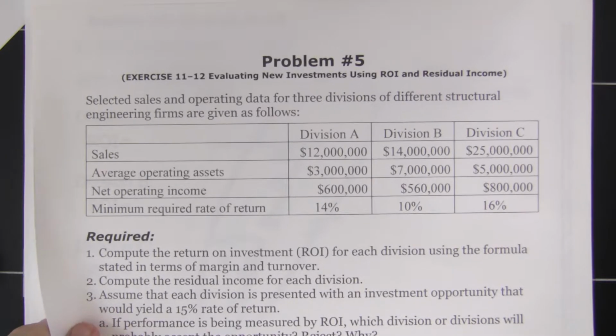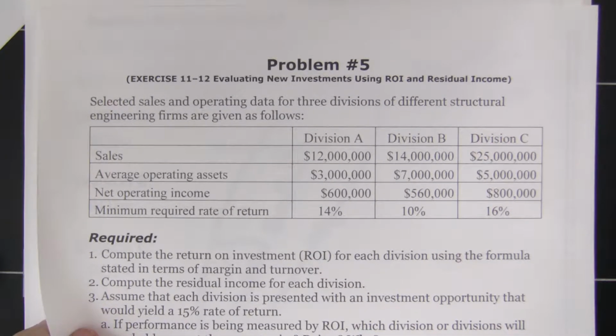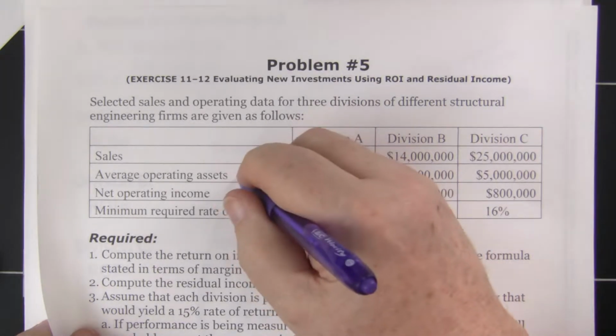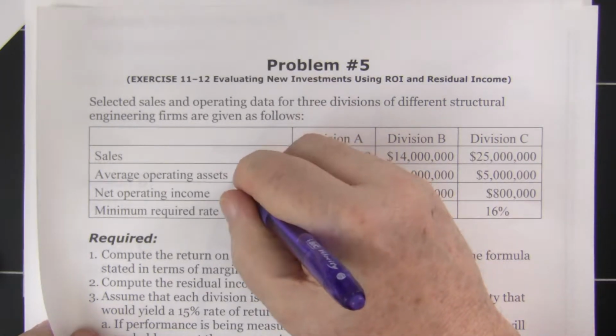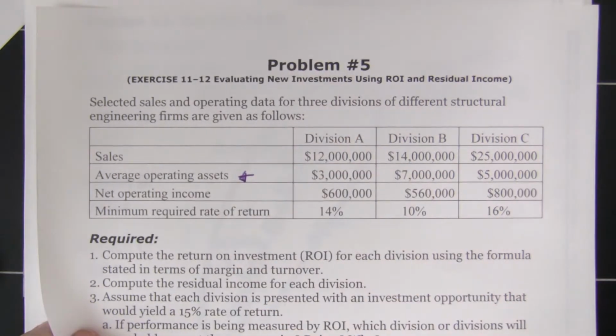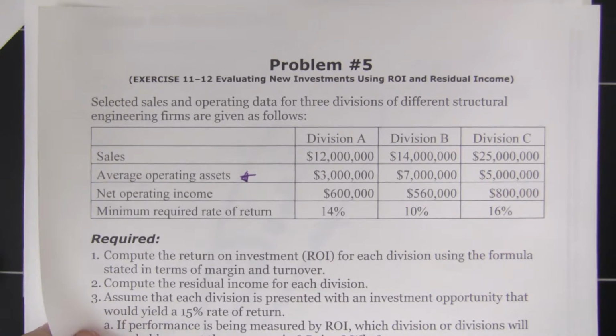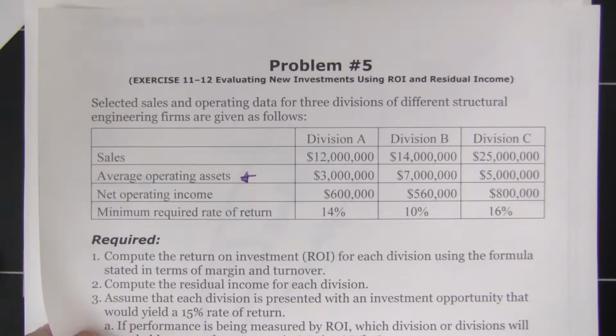The only time this problem could be problematic is if you weren't given the average operating assets. You had to go pick out the average operating assets, and that varies from company to company. Some include some things and others don't. Some include historic value, some include book value.